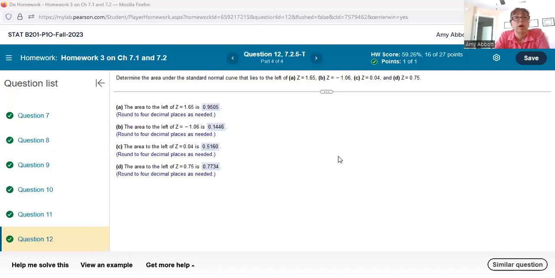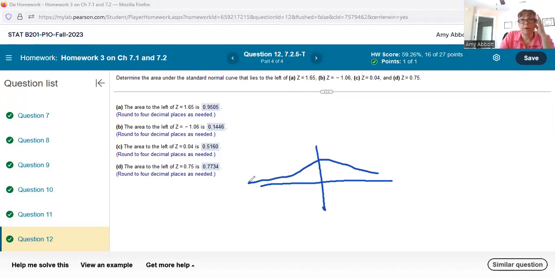So question 12 says determine the area under the standard normal curve that lies to the left of the number 1.65. This is the same question 4 times. You just do it over and over again. Let me annotate here. So you got your standard curve. Again, that bar in the middle is the mean.